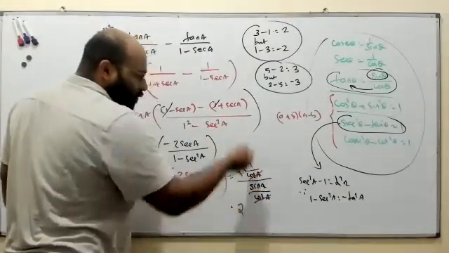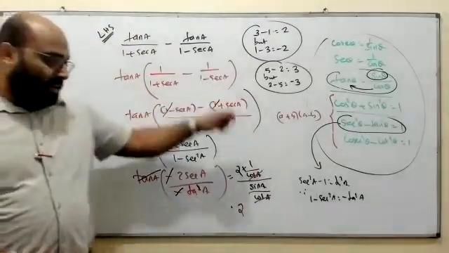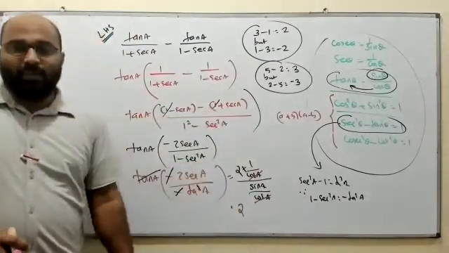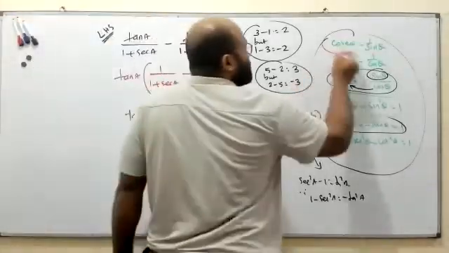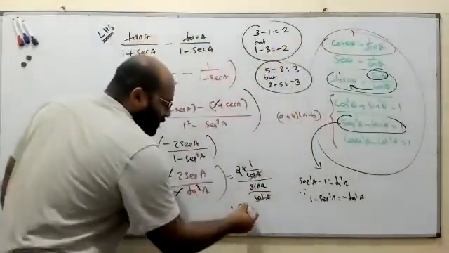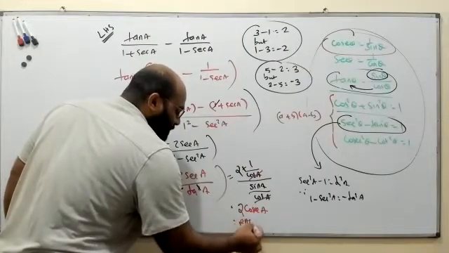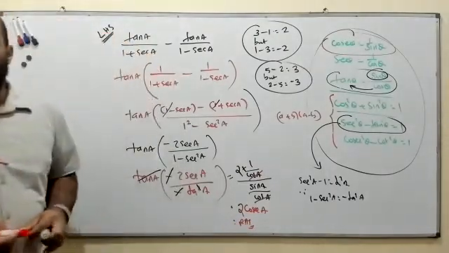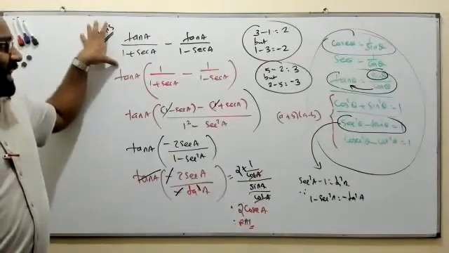So 2 into 1 by sine will be there. Here already it is written, what is 1 by sine? Cosec a. So that is our RHS. 1 by sine is 2 cosec a. So what I want to say, again I repeat, this is the LHS.